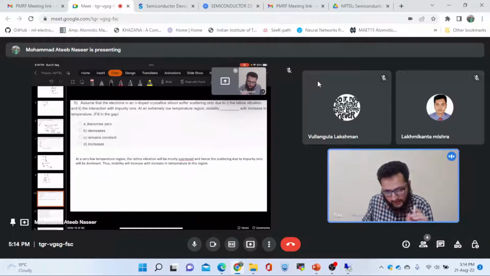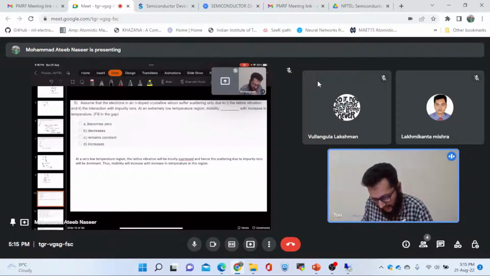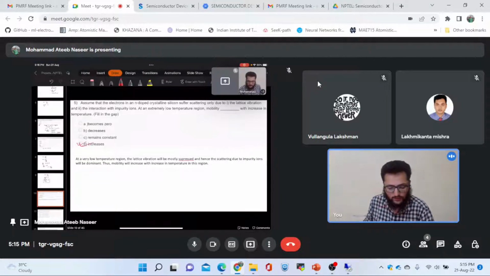So if we increase the temperature from low temperatures, the electron will spend less time in the vicinity of the impurity, and this will result in an increase in the mobility with the increase in temperature. So option D seems to be the most suitable.